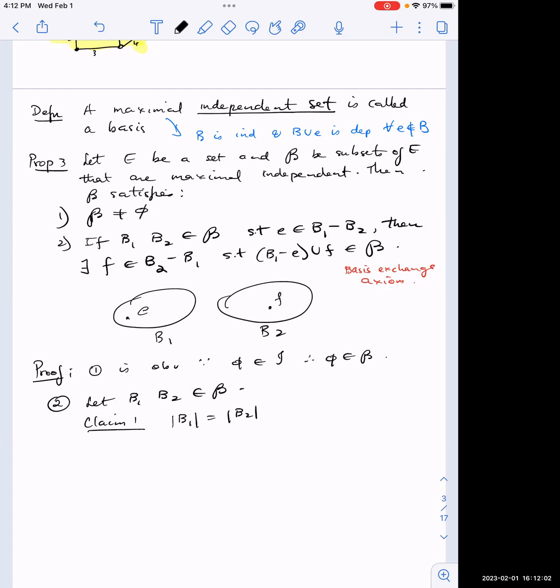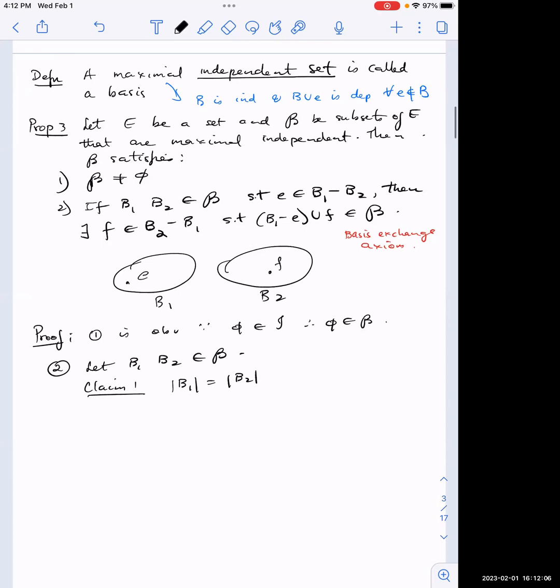I actually do this proof in my linear algebra 1 class for matrices, and bases have the same size for all vector spaces, not just for Rn, so for abstract vector spaces too. So suppose not, that is |B1| is strictly less than |B2|.